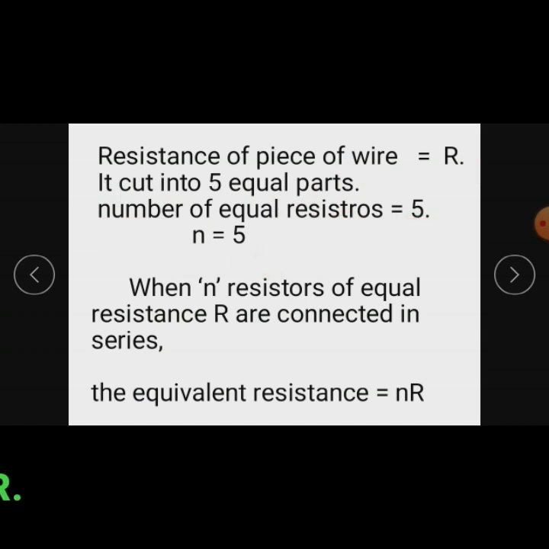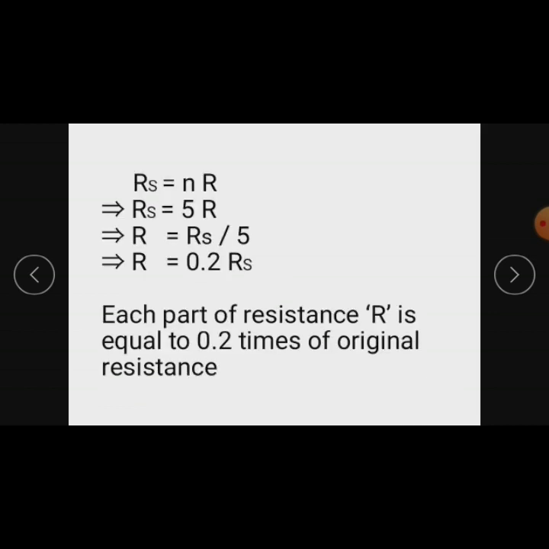N equal to 5. When n resistors of equal resistance are connected in series, the equivalent resistance of series connection equal to N into R. So the equivalent resistance R equal to NR. N equal to 5, so we substitute the value of N in the formula.